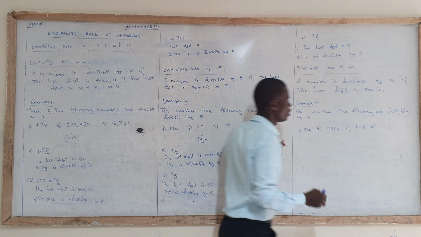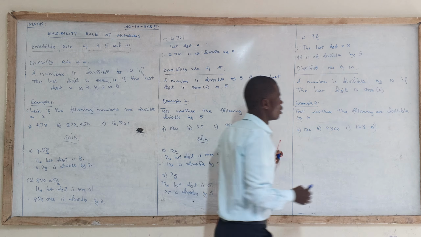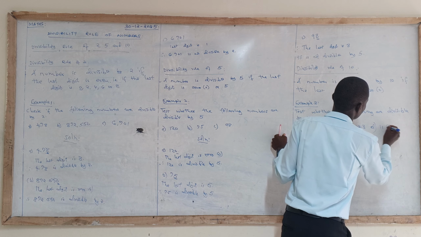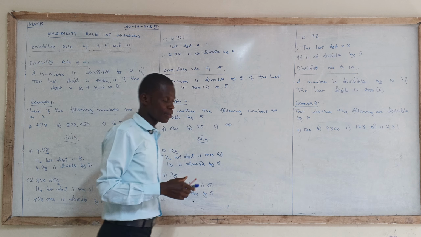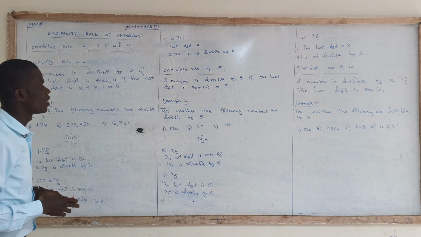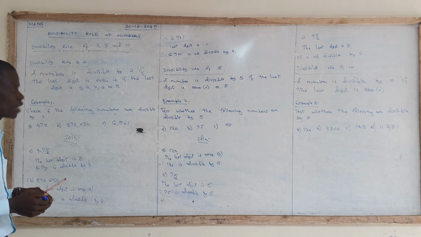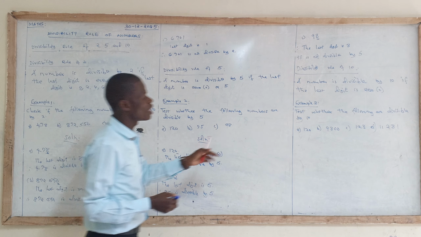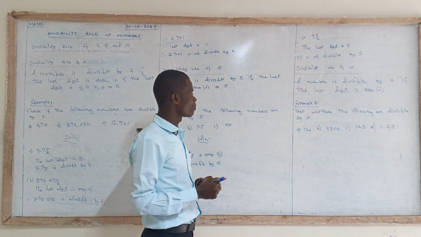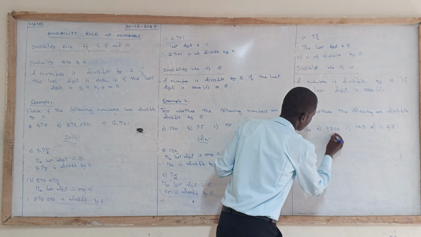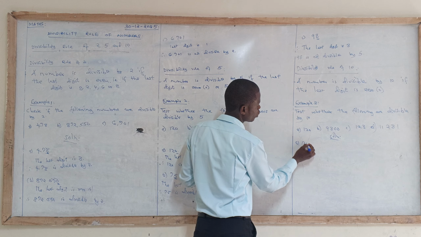And D, we have 11,281. So we will want to test if the following numbers are divisible by 10. Now, solution. We'll say A, 120.